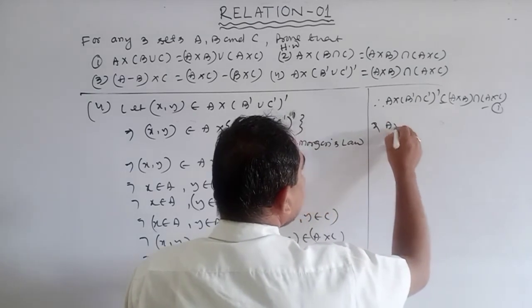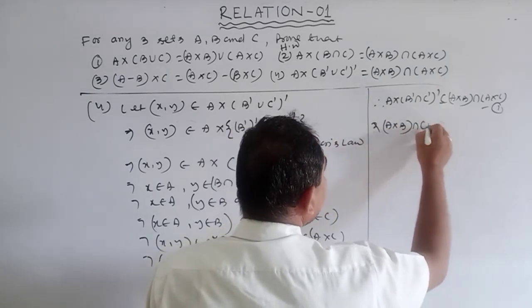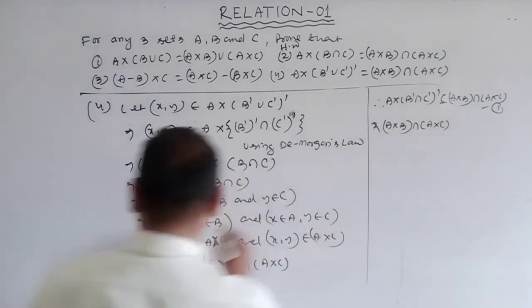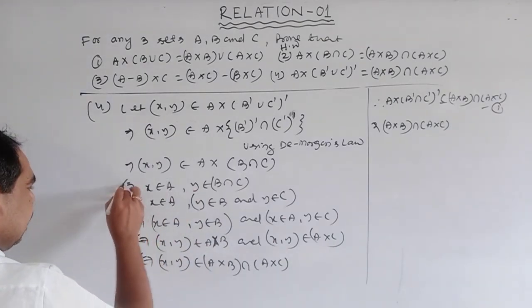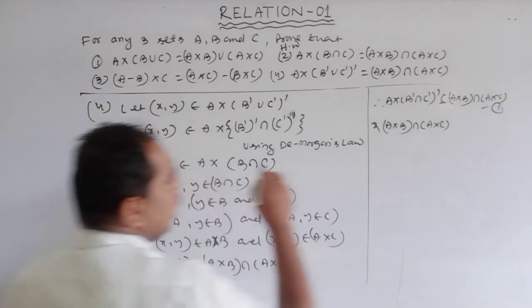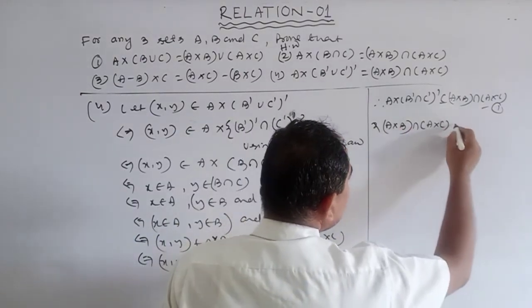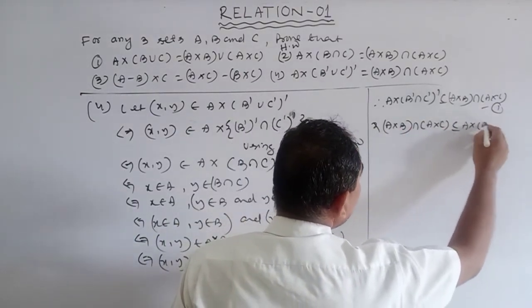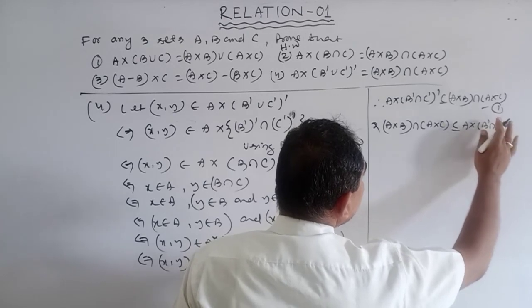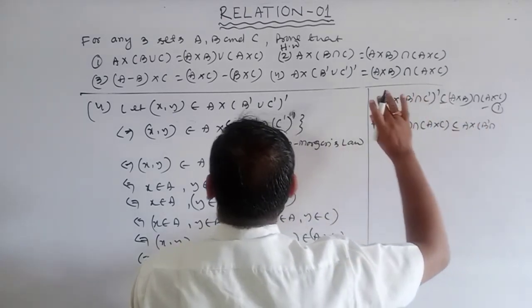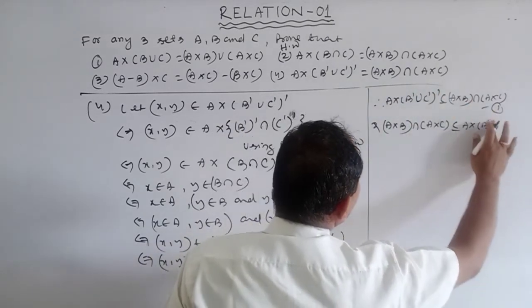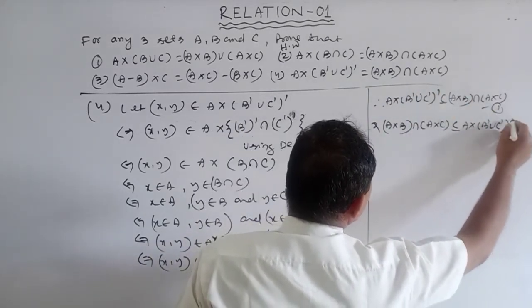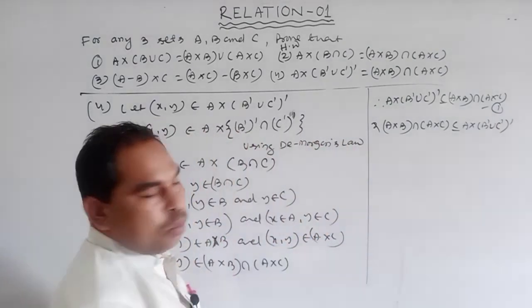And in the reverse direction, A into B intersection A into C is a subset of A into (B' union C')', equation 2.